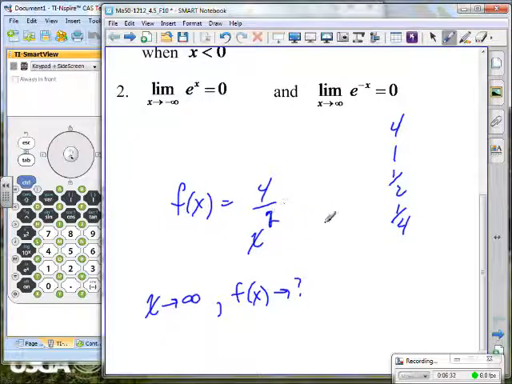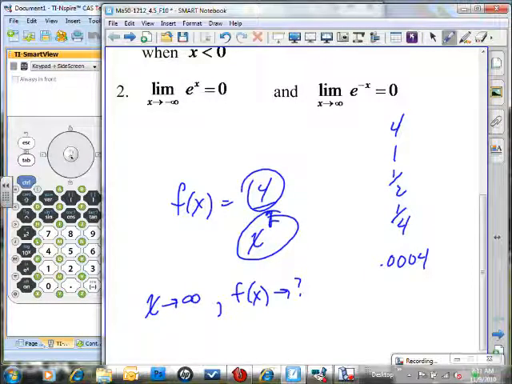So if the input is 100, the output is how much? 4 10,000ths. Well, what if the input is 1 million? Or just keep approaching 0. Absolutely. Why is that? Well, what's happening to the denominator? It keeps getting larger and larger and larger. How significant is the 4 as I let x go to infinity?